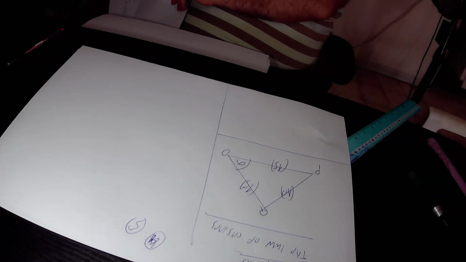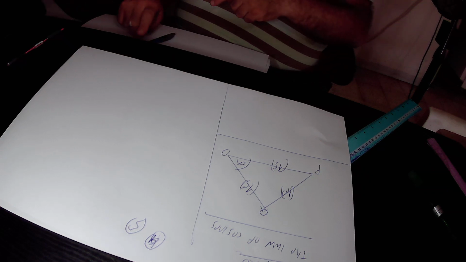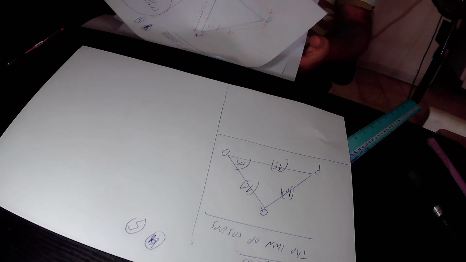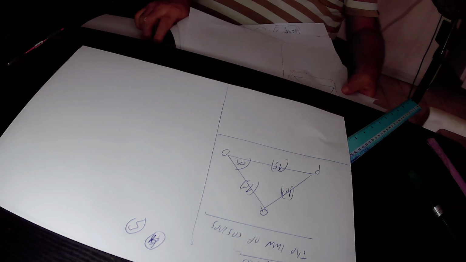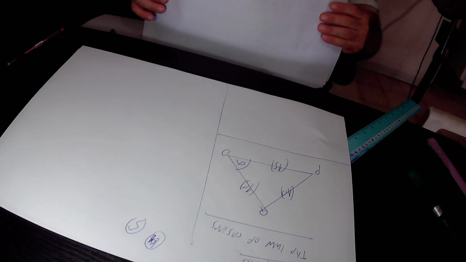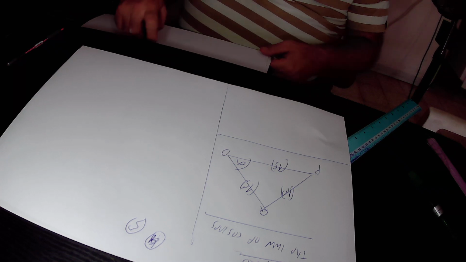And in the next step, we will implement the law of cosines in this triangle PQO. According to the law of cosines, this triangle PQO, this will be equation 1.